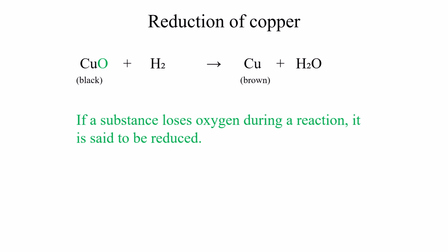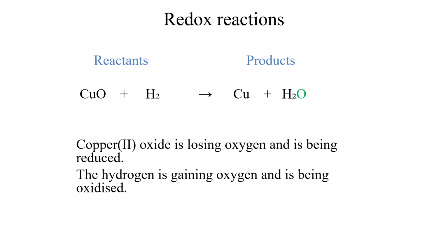Now, if a substance loses oxygen during a reaction, it is said to be reduced. So here reduction of copper has taken place because oxygen has been lost from copper oxide. Hence we say copper is reduced. In the above reaction, you can see the copper oxide is losing oxygen and is being reduced.